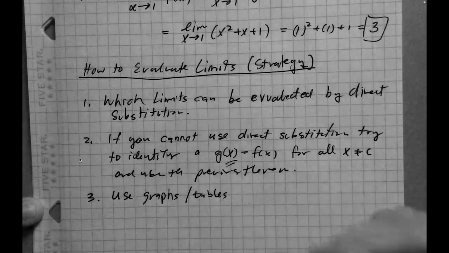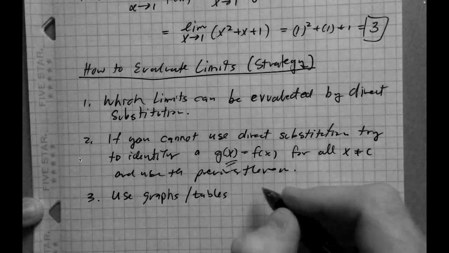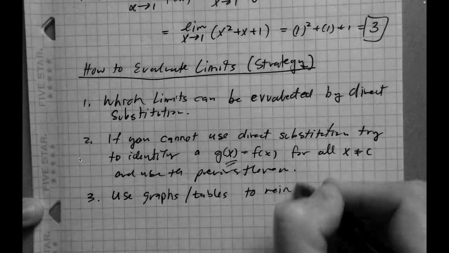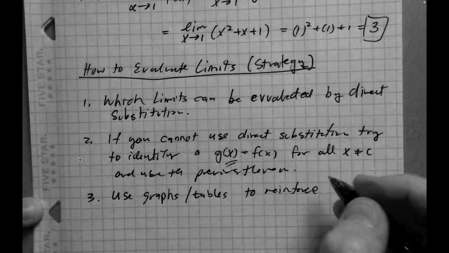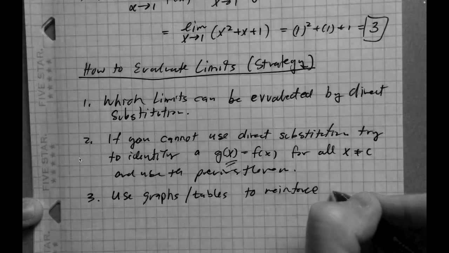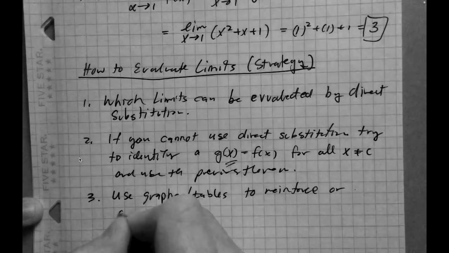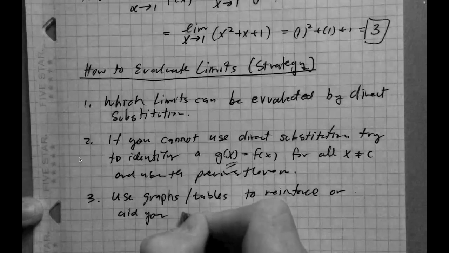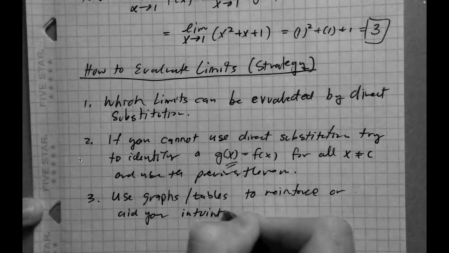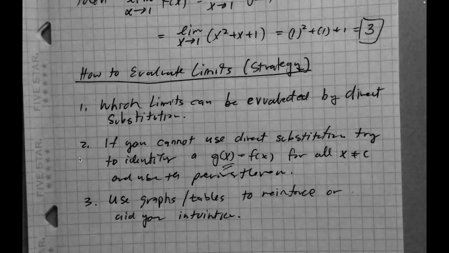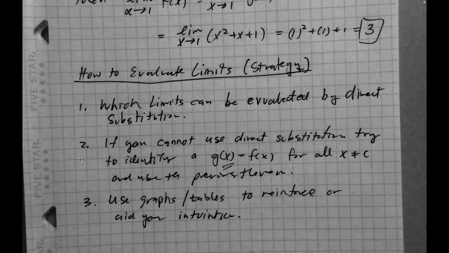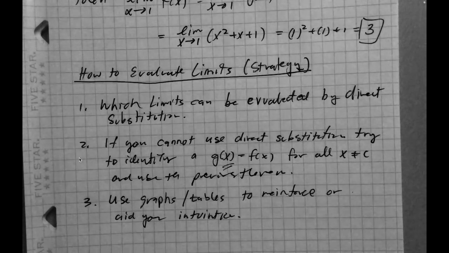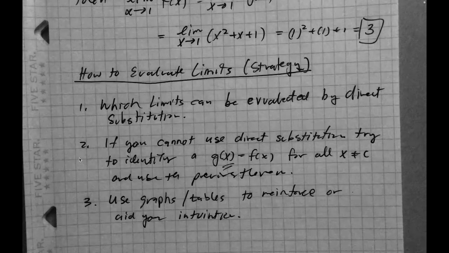Use graphs or tables, and I would say really use the graphs or tables to reinforce or aid your intuition. Okay, right, so that's a 3-point strategy for evaluating limits analytically, right?